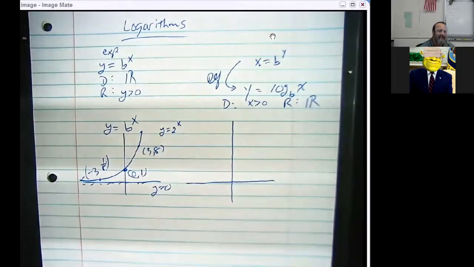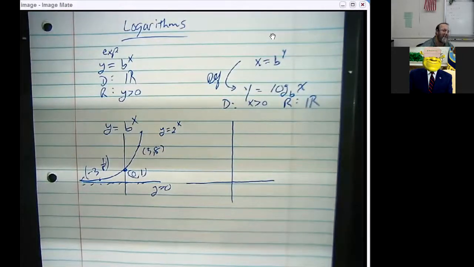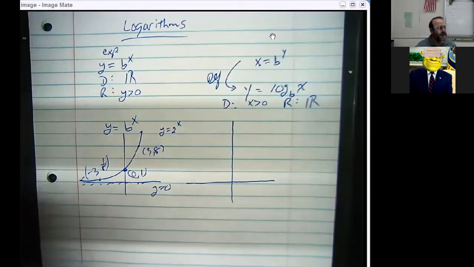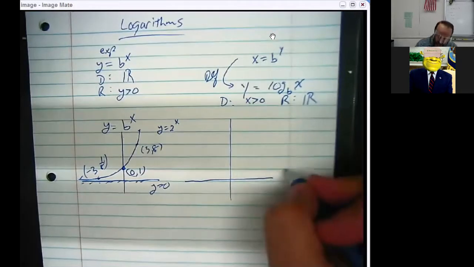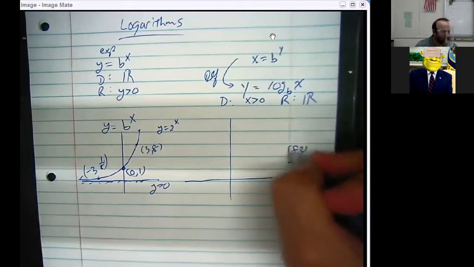So let's do the inverse, everybody. What does the inverse become if all the x's become y's and all the y's become x's? So what happened to 3, 8? What did it become? 8, 3. That's way out here.